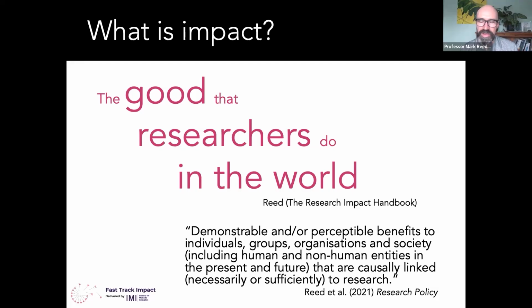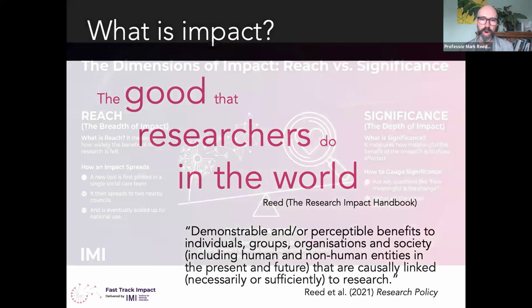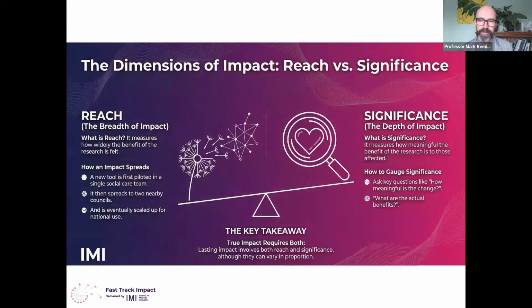The key thing that matters here is that demonstrable is a word you see in many definitions, but this is the first time that the word perception has been built in, to point out that this is not as simple as people make out. Impact is in the eye of the beholder. And this means that you have to do much deeper work on understanding what impact is.